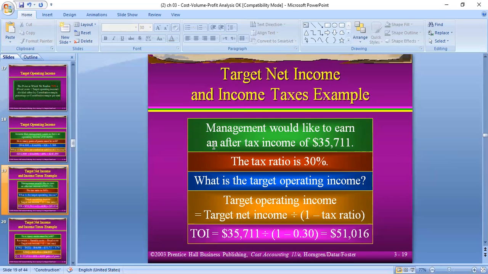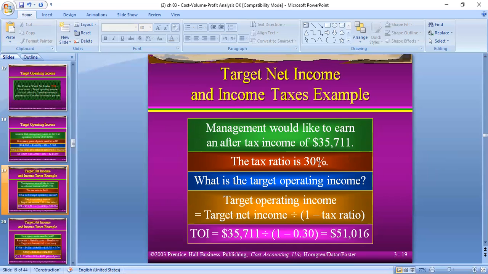Management would like to earn an after-tax income, meaning net income, of 35,711. The tax rate is 30%. This means that the operating income after deducting 30% should be 35,711.